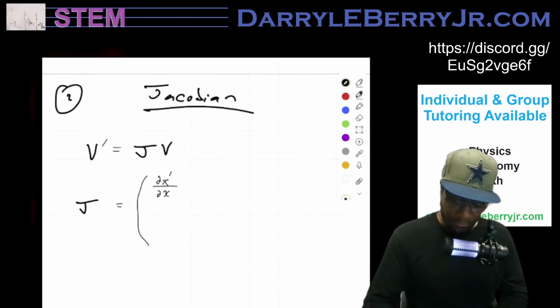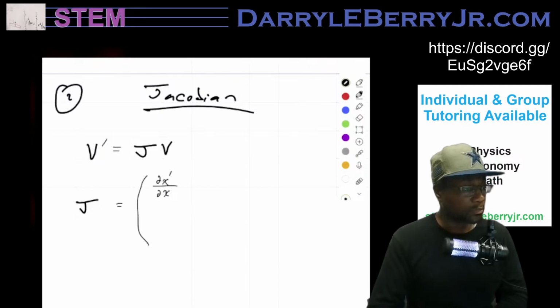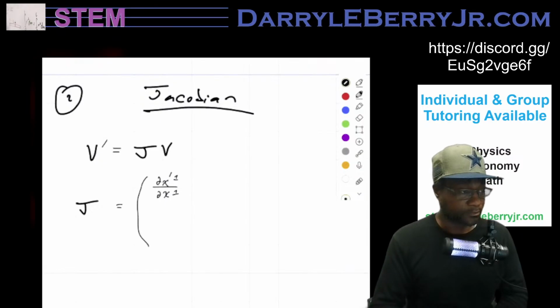So we're going to stick with our two vectors, right? 1 and 2. So we can say that this is 1. Let me make sure I use my proper notation. 1, 1.